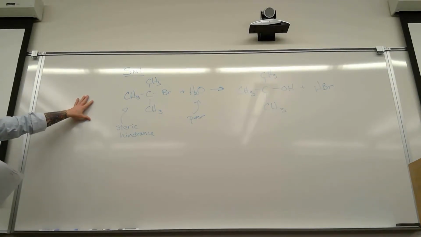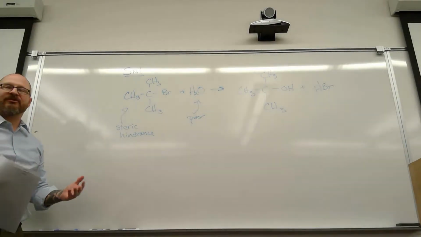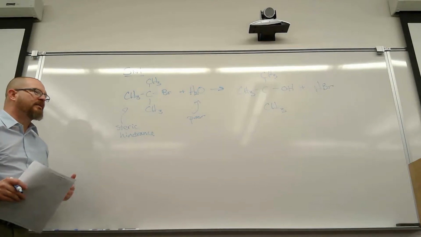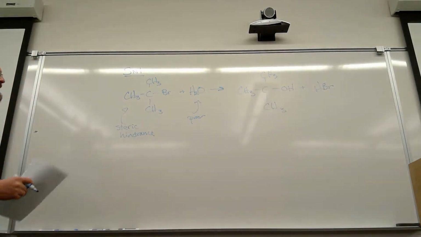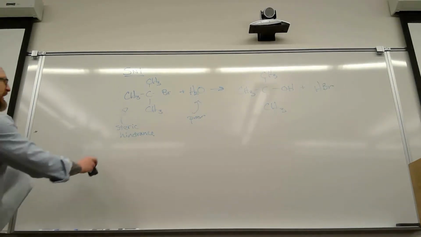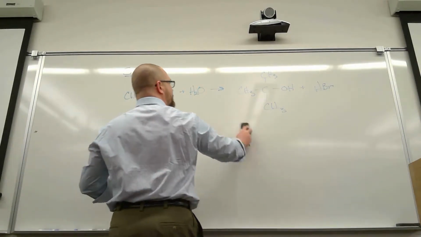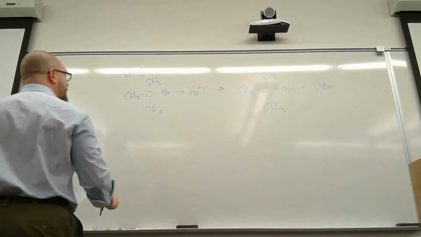So this has a completely different mechanism that isn't limited in the ways that Sn2 reactions are limited, but it has its own set of limitations and constraints and considerations that we have to account for when we're predicting the outcomes of the reactions. A couple things that are important to point out.